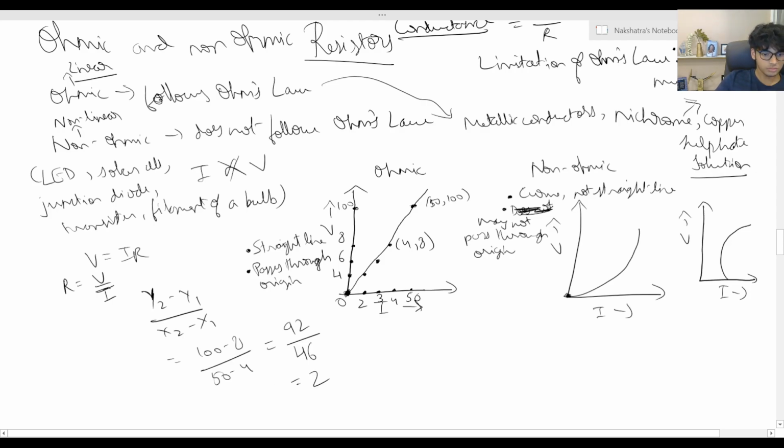But now we know that this is the same as doing V upon I, right? Because our y values are all voltage and the x-axis is always current in a VI graph. So this is 2 ohms. The slope of a VI graph will always give you the resistance.